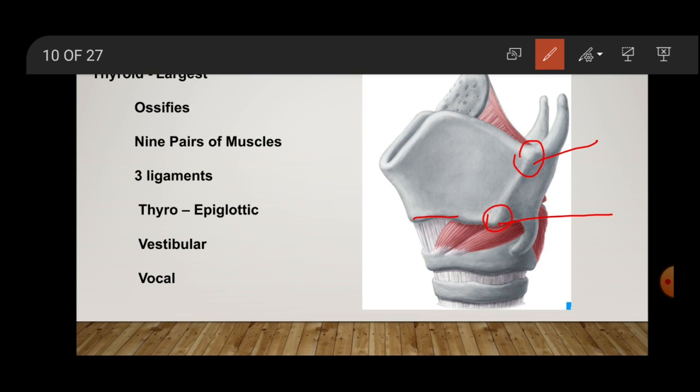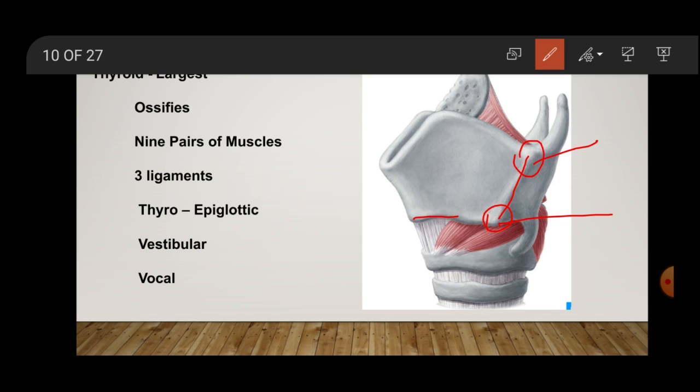When you connect these two, a line is formed, which is the oblique line of the thyroid cartilage. The line connecting the superior and inferior thyroid tubercles on the outer surface of each lamina is the oblique line.